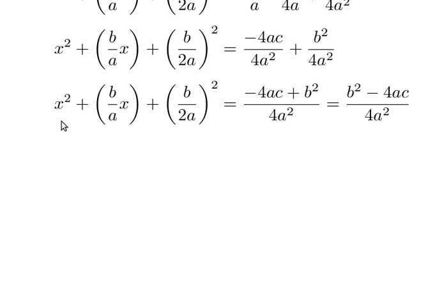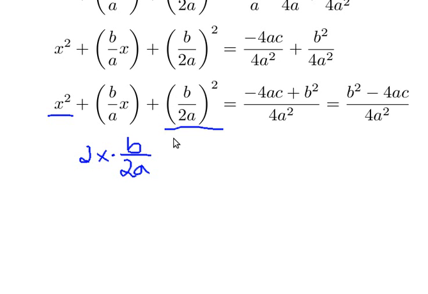What we have here is a square term. Okay, sorry, let me start this over. This is a square term. This is a square term. Now let's take 2 times x times b over 2a. All I did was this is the square root of the first term.